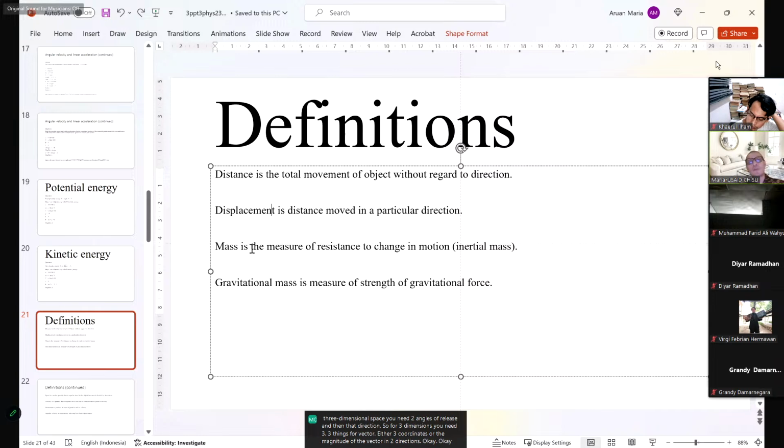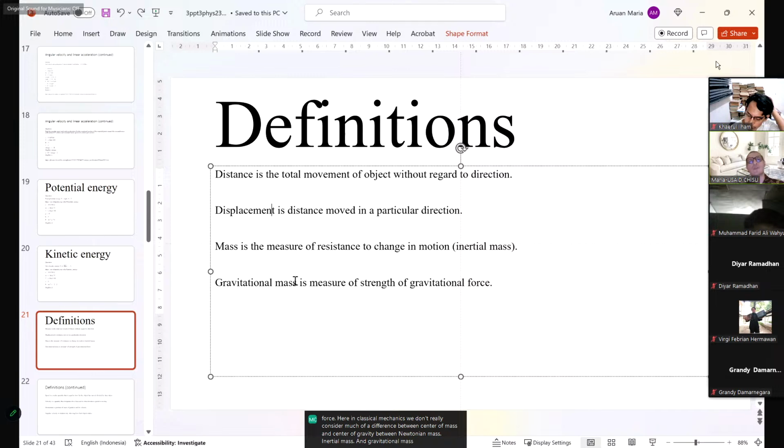Okay. We know that mass is the measure of resistance to change in motion. This is inertial mass, from the second law of Newton or from the first law of Newton. But there is also gravitational mass, which is the measure of the strength of gravitational force. Here in classical mechanics, we don't really consider much of a difference between center of mass and center of gravity, between Newtonian mass, inertial mass, and gravitational mass.